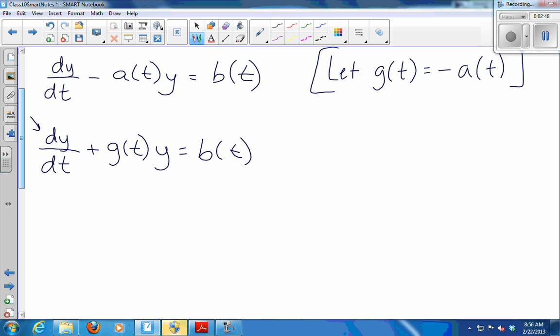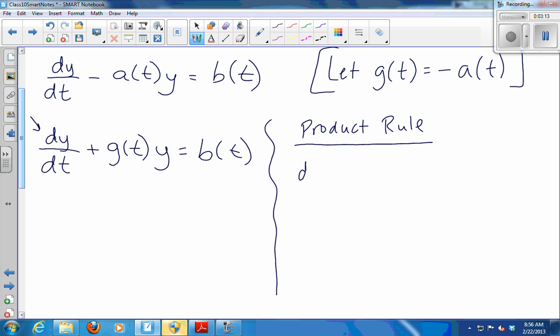So let's just write down the product rule so we can compare it. They were saying this kind of looks like the product rule for if I had taken the derivative of a function y and some other function, which we don't know, we'll call it mu. So the product rule for y and mu says that d dt of y times mu, where each of those are functions of t, y of t and mu of t, is going to be mu of t times dy dt.